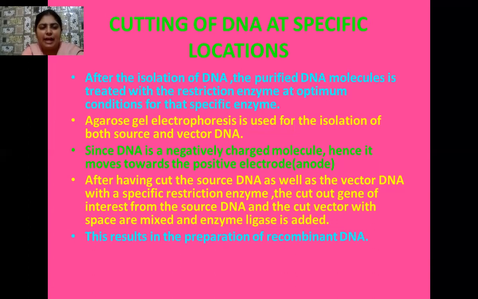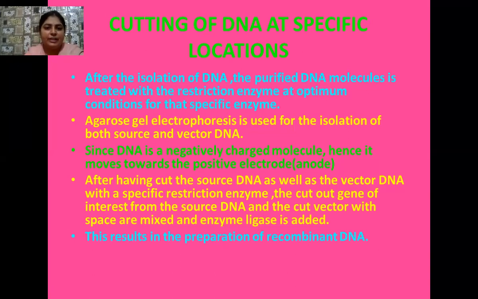After this, with the help of a knife, you cut the respective bands from the agarose bed, and in this way you have obtained many fragments of the alien DNA. If we repeat the process for the plasmid DNA too, we can also obtain similar bands for the plasmid DNA.